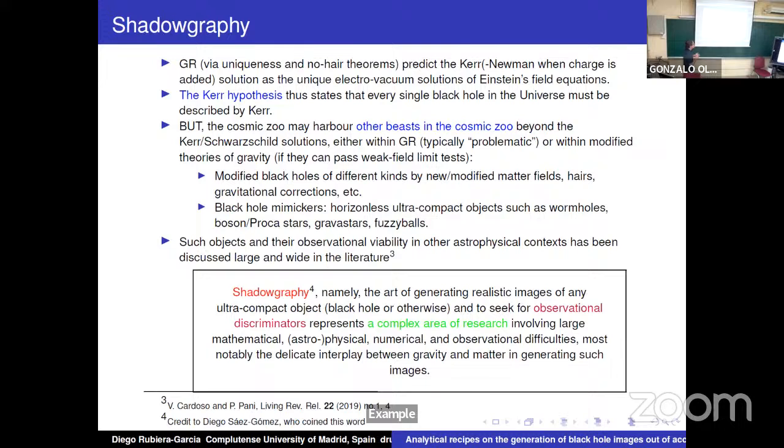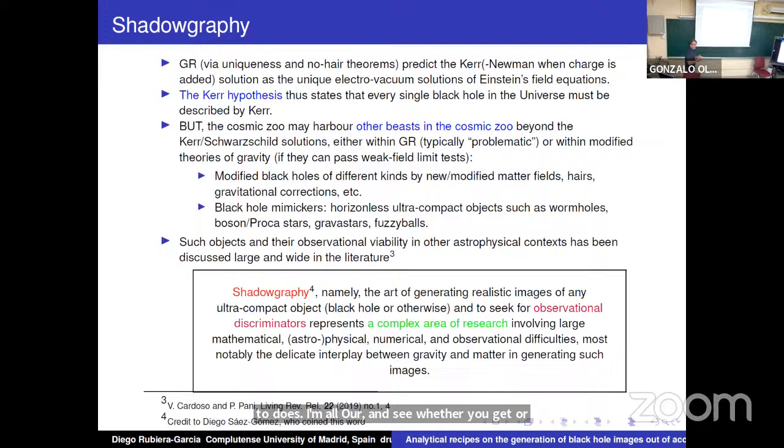Because we want to explore what this new field can tell us about the universe, we want to study all possibilities, all kinds of black holes, all kinds of horizonless compact objects, see what they have to tell us about observations, go to our instruments and check whether it fits or not, whether we can find observational discriminators or not.